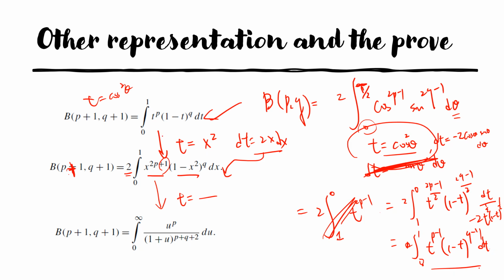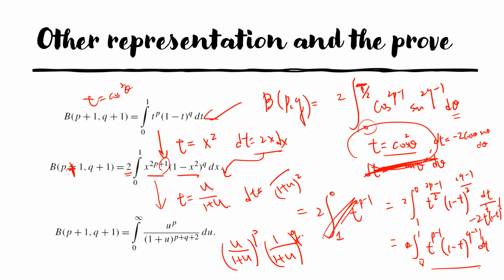Maybe I can set t to be u over 1 plus u. Then the first factor is u over 1 plus u to the power p, and 1 minus t gives the q factor, and dt is du divided by 1 plus u squared.